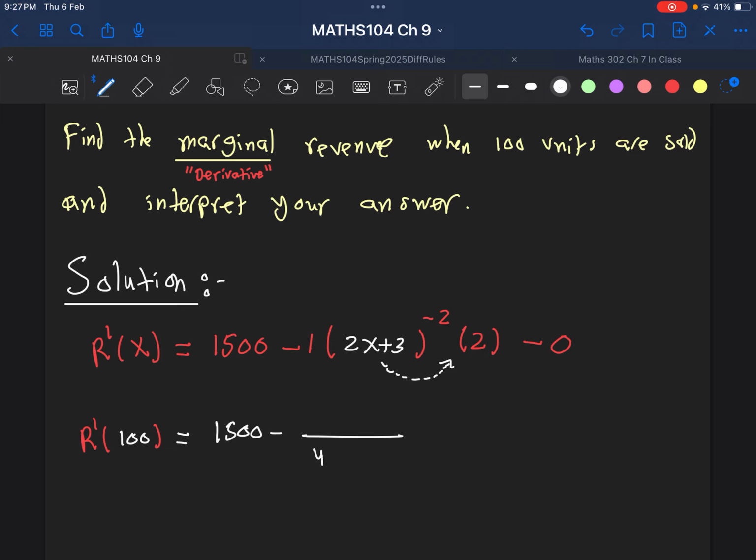Which will be just 1000 minus, and here 2.